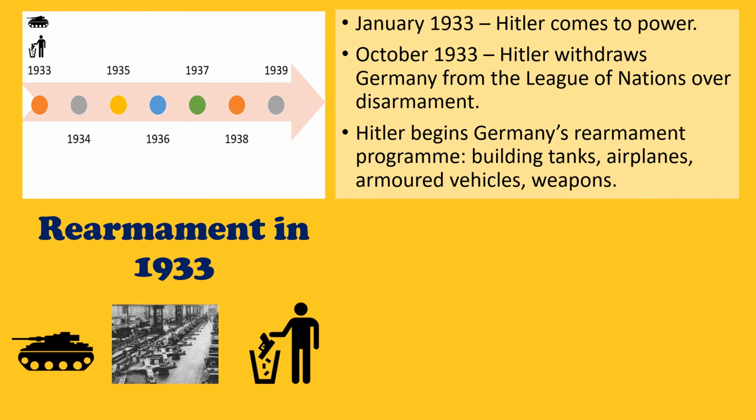And again, another time when this very much crosses over with domestic policy is another thing that Hitler promised the German people when they were voting for him: employment, jobs. Germany, possibly more so than any other country in Europe at this time, was really suffering from the Great Depression.